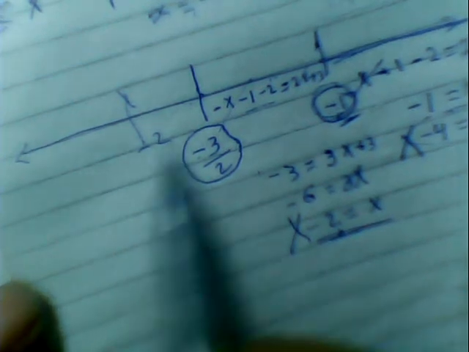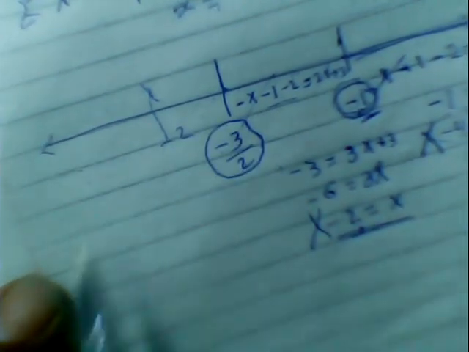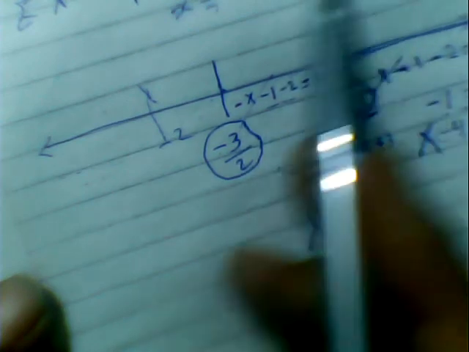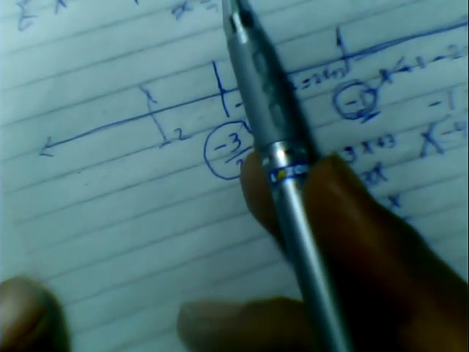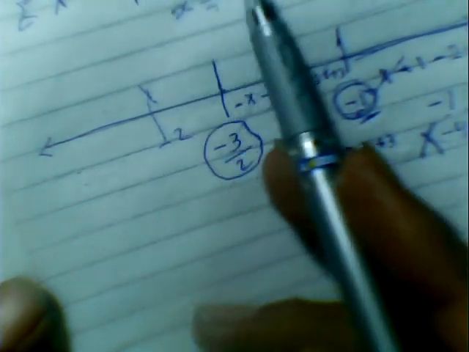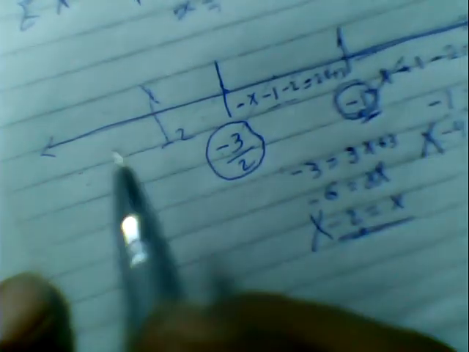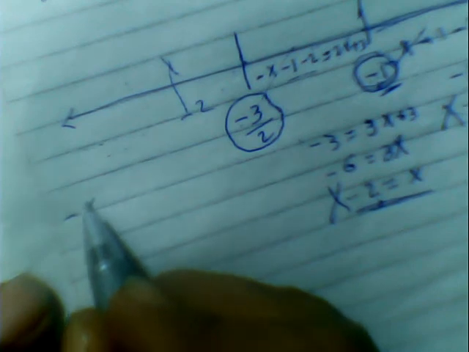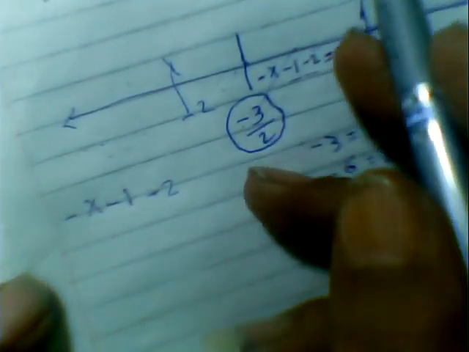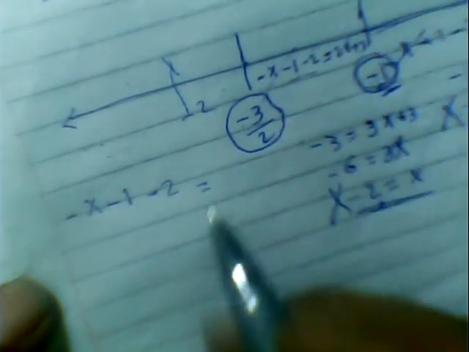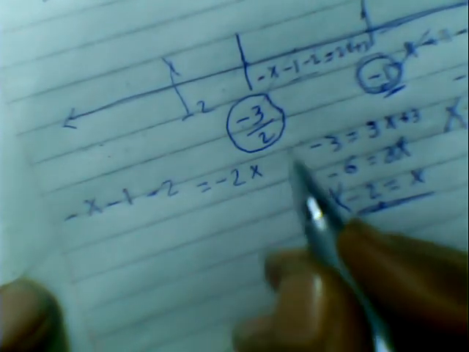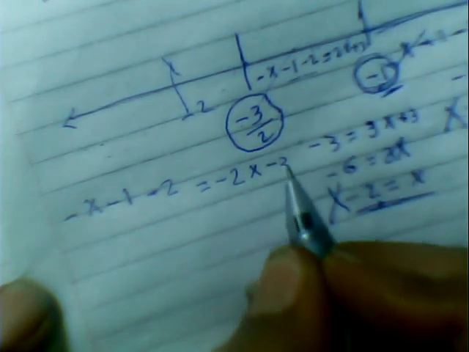So this is not a solution also, no solution. We put here another side, where we change all the modulus signs the same: minus x minus 1 minus 2 equal minus 2x minus 3.